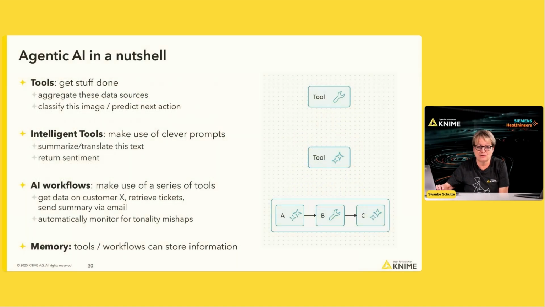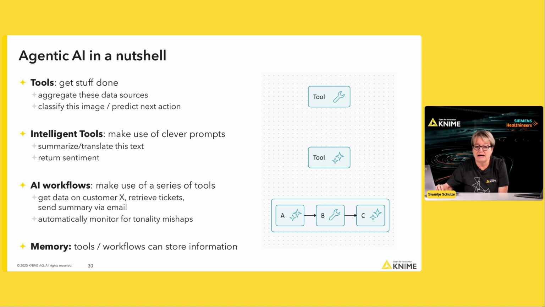Let me show you, just to clarify some of the basic words in agentic AI. Agentic AI consists of tools that are getting stuff done, for example, aggregate these data sources or classify this image, etc. Then the next thing is you have intelligent tools. They do the same thing, but also use a large language model.